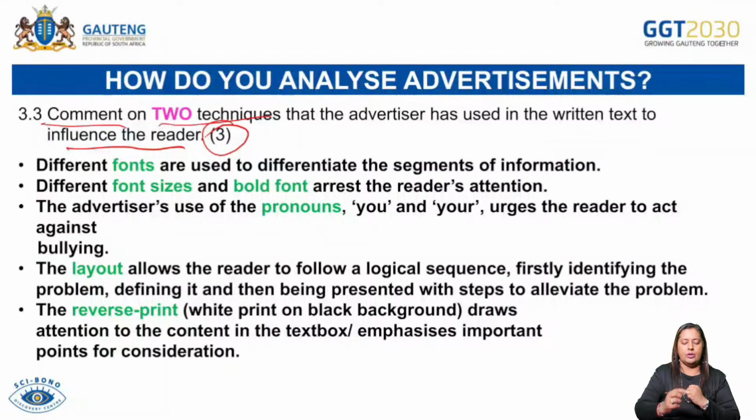All right. So firstly, if we're looking at the fonts, they are done in different sizes to show the information that is important versus the less important information. If I'm looking at the different font sizes, the bold font size will arrest the reader's attention. That in itself will get the 3 marks.